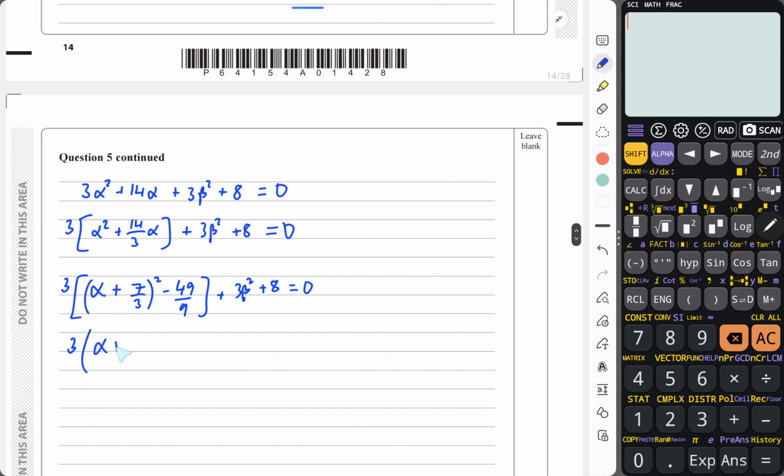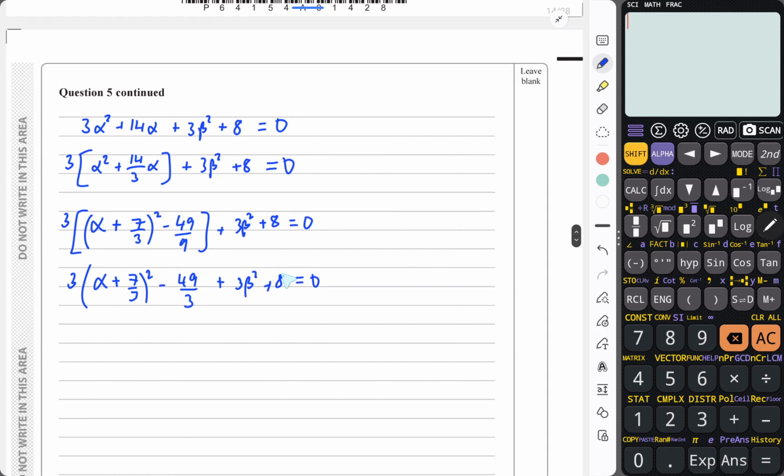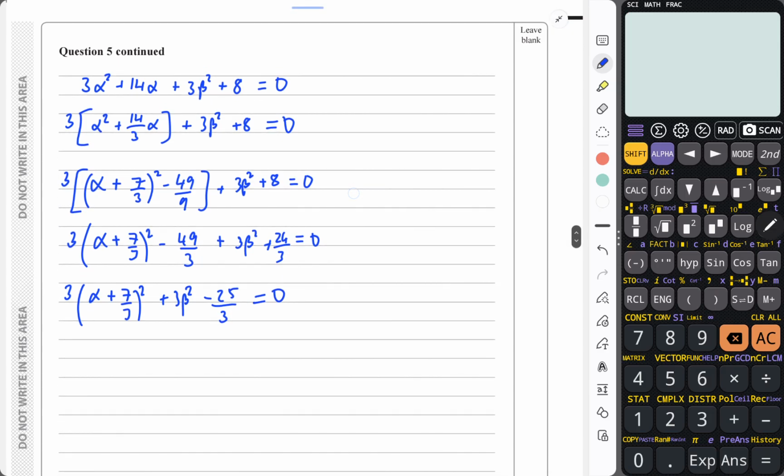So 3 (alpha plus 7 over 3) squared minus 49 over 3 plus 3 beta squared plus 8 equals 0. I'm going to change that 8 to 24 over 3. And then minus 49 over 3 plus 24 over 3, that's minus 25 over 3, equals 0.